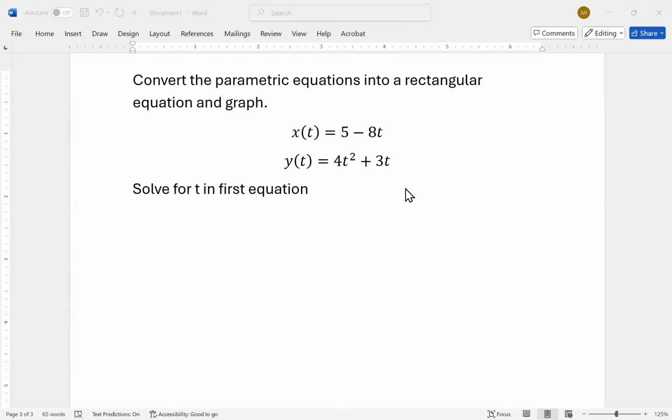So let's do this. We want to convert these parametric equations into a single rectangular equation. And we know that the rectangular equation and the parametric equations will have the same graph. In this situation, it's going to be easier to solve for t in the first equation, so that's what I'm going to do.